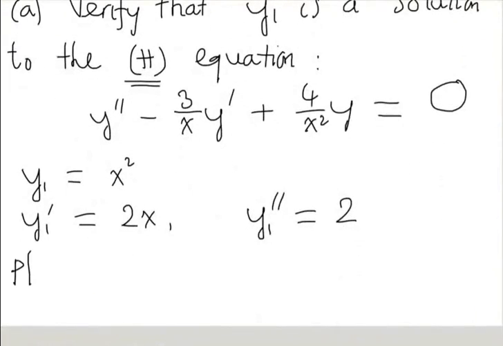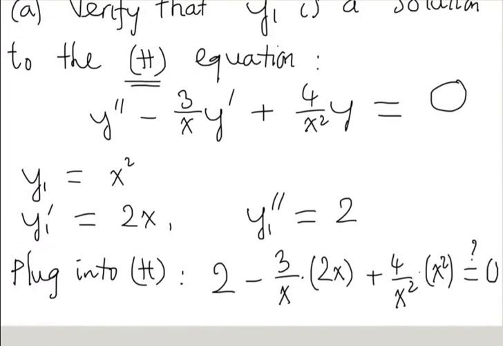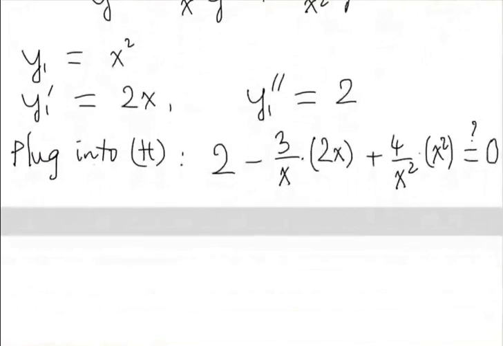If we plug into the homogeneous equation, we get the second derivative 2, minus 3/x times the first derivative 2x, plus 4/x^2 times y, which is x^2, and we want to know: is it 0?